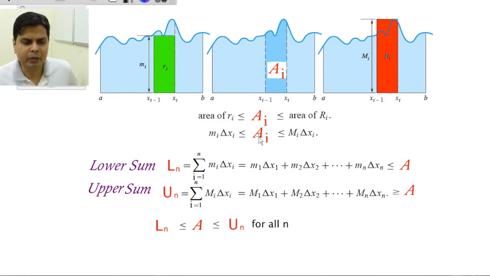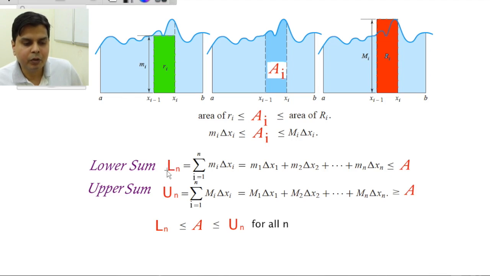Now this is a very simple inequality. If you add this inequality for all the subintervals from 1 to n, what will you get? Summation i equals 1 to n, mi delta x will be this thing. Since each individual inequality is less than ai, if you add this side you will get the total exact area I am trying to find out.